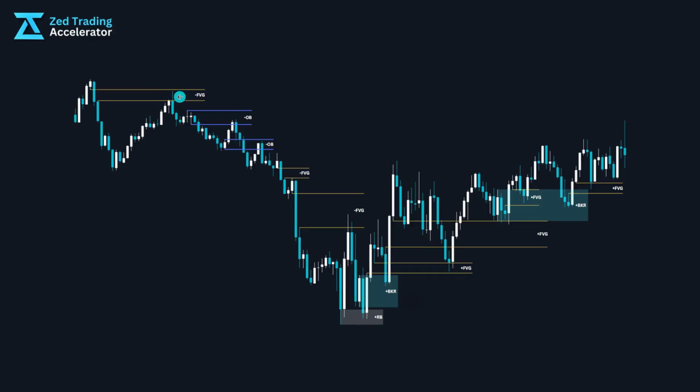We have a long wick right here, which means it rejected this area very strongly and then continued going lower. Price continued lower and we have another retracement right here.